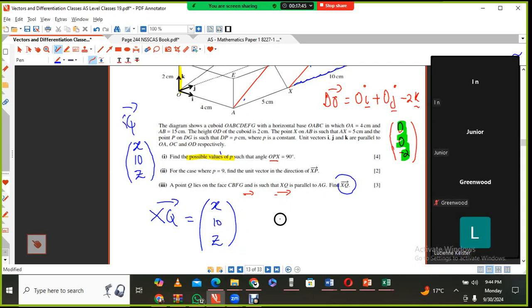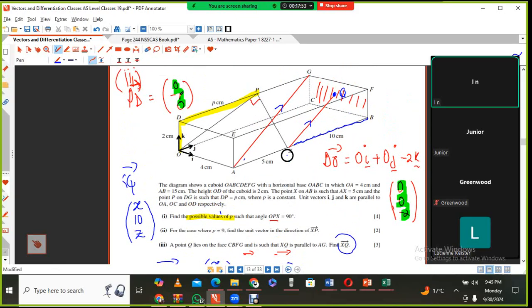The one that I want you to find for me is AG. AG. That is 15J, and then we have 2. Okay, so it's 15J. You follow?